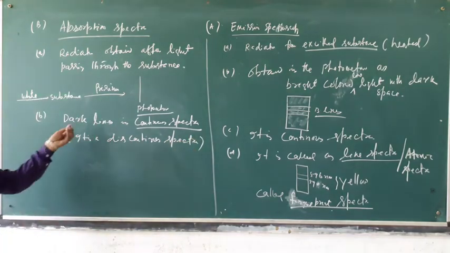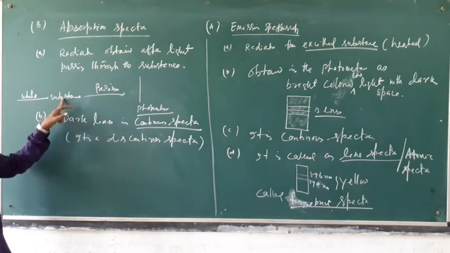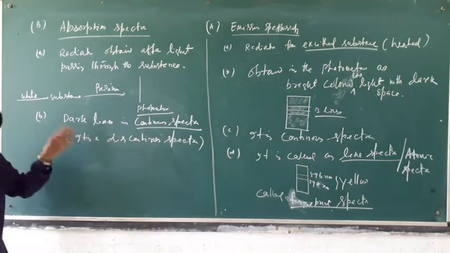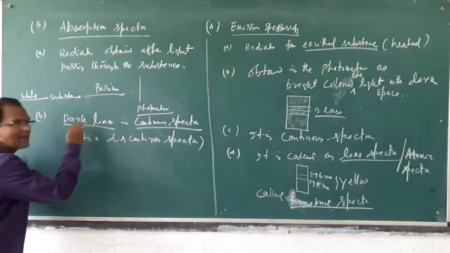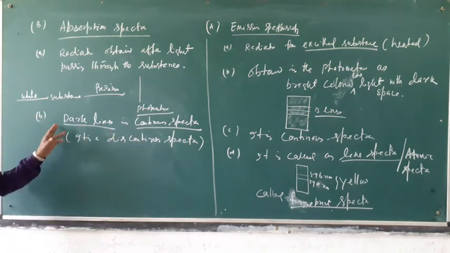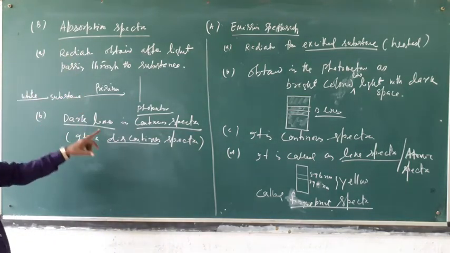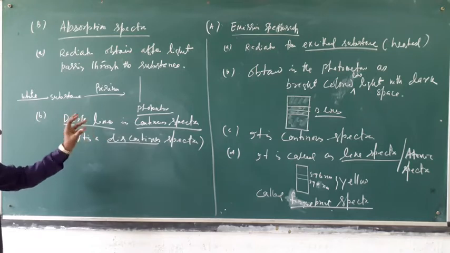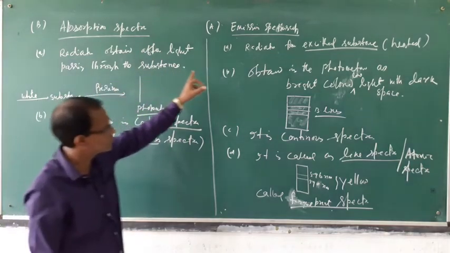Because some light is absorbed by the substance when white light is used, dark lines are obtained. That's why it is discontinuous. So absorption spectra is called discontinuous spectra due to absorption of particular wavelengths of light by the substance.